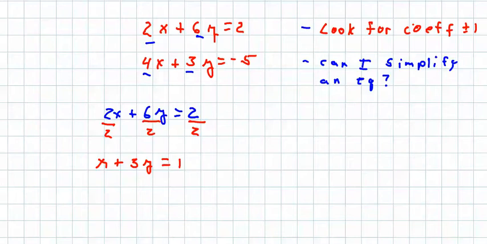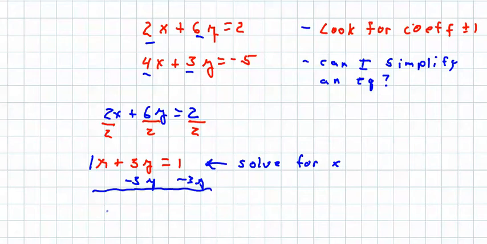Now my first term has a coefficient of 1, and that's what I want. So now I solve this equation for x, subtracting 3y, and I end up with x equals 1 minus 3y.